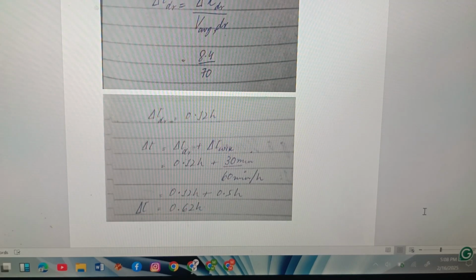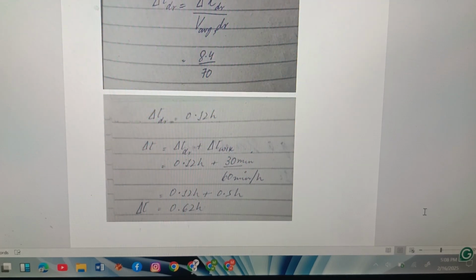Since we know that driving time is 0.12 hour, to calculate the walking time we will use the formula again. We walked for 30 minutes, and we divide it by 60 minutes per hour to convert it to the same units as the other time.